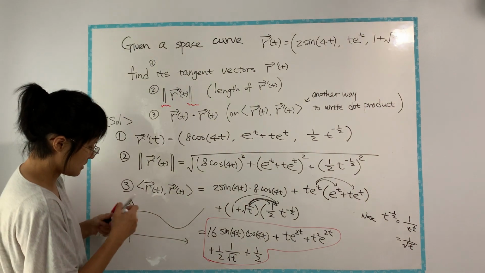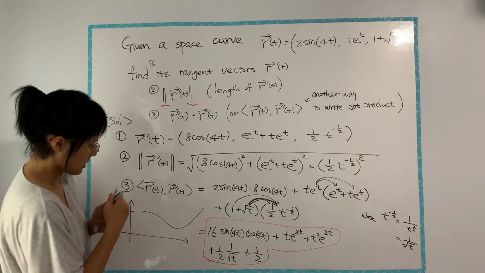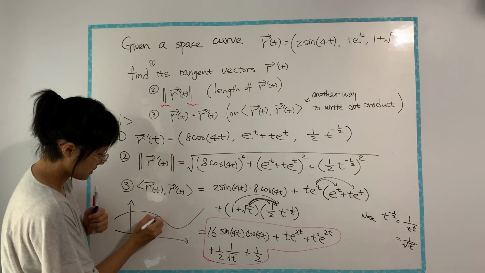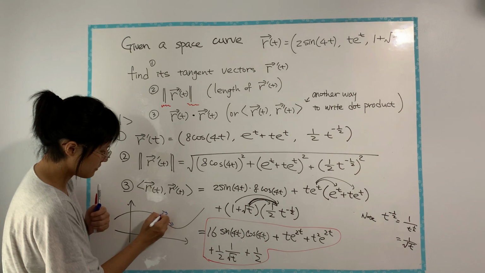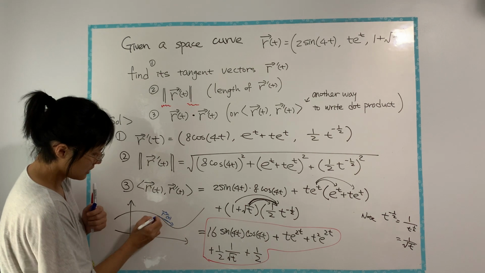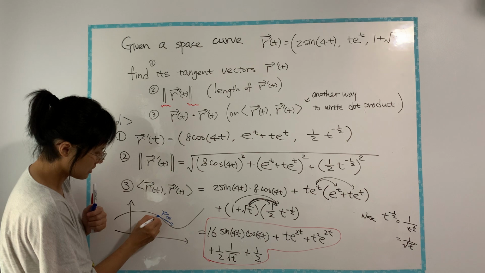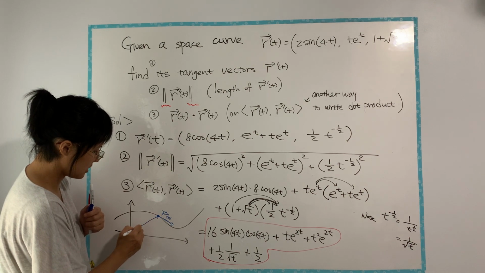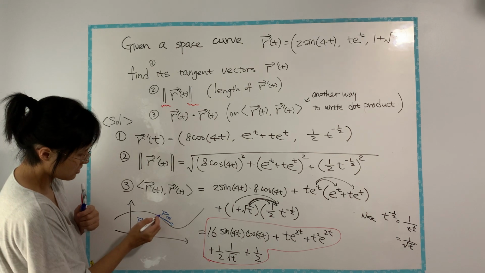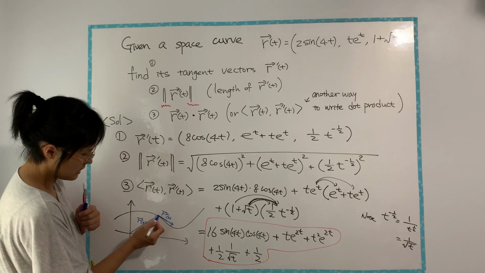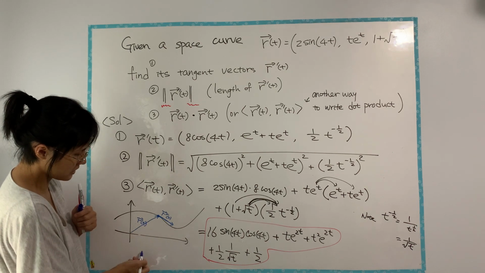Then at this point I have a tangent vector r prime of t, tangent at the point where the tip of the vector r of t is. So I have a tangent vector at the point given by r of t.